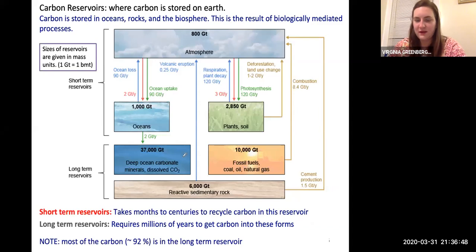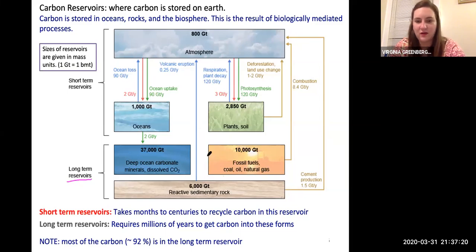Okay. So now we can talk about the different carbon reservoirs. I'd like to start by talking about the bottom part of this diagram, where we have our long-term reservoirs. We have sedimentary rock, very deep, then the rock at the bottom of the ocean, and fossil fuels that have to be mined out of the earth.